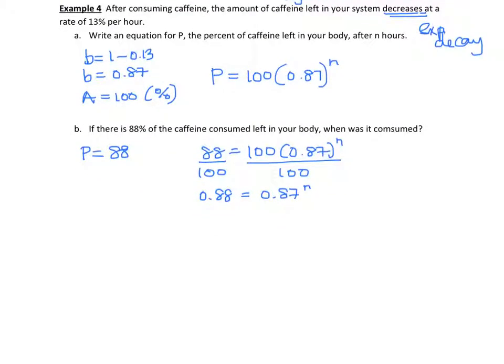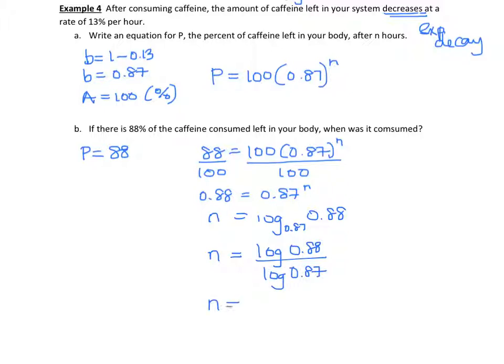Okay, by now you should know what to do next here. We need to rewrite this in logarithmic form. So n equals log 0.88 base 0.87. Use the change of base formula. So n is equal to log 0.88 divided by log 0.87. And with your calculator, evaluate that.